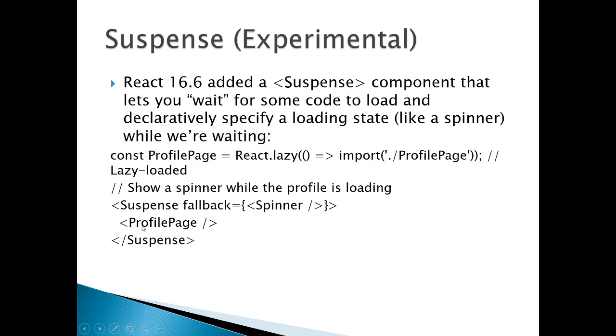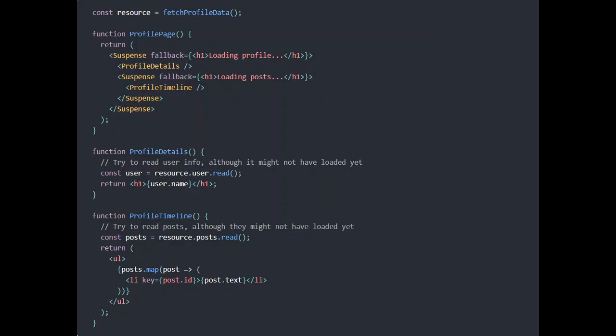So Suspense is an alternative to await, async, and promise.all. It is a new mechanism with which it can wait. So this is an example. Here it will load the profile details, and it will load the profile timeline.